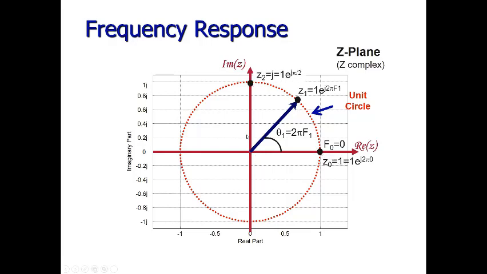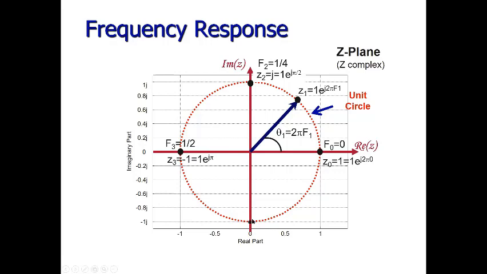Likewise, if we move around here, set z equal to plus j, that's at e to the j pi over 2. If we ask what frequency is that, we set pi over 2 equal to 2 pi f and find that that frequency is 1/4. Likewise, z equals minus 1 is like e to the j pi, and we set pi equal to 2 pi f and find out that f is a half.